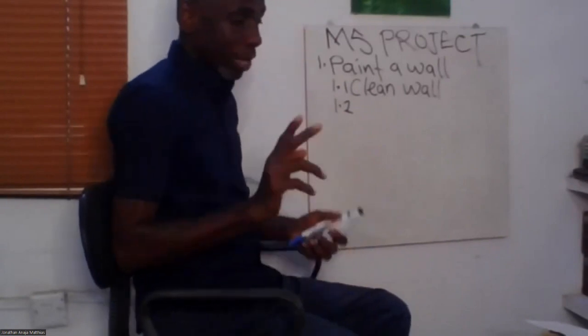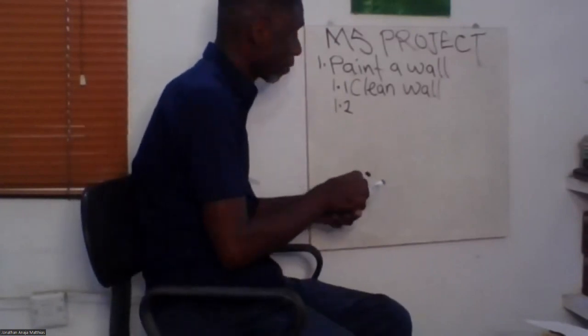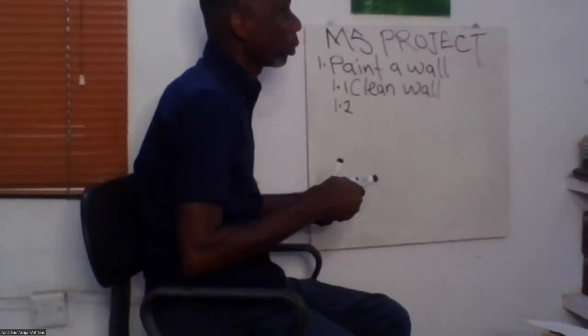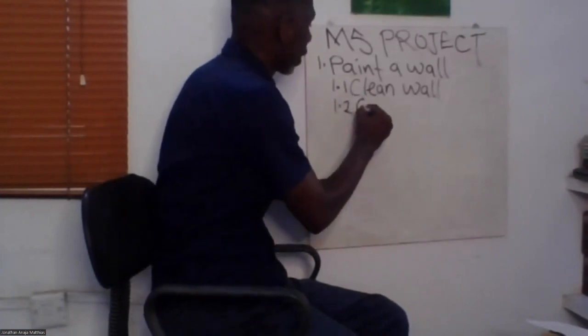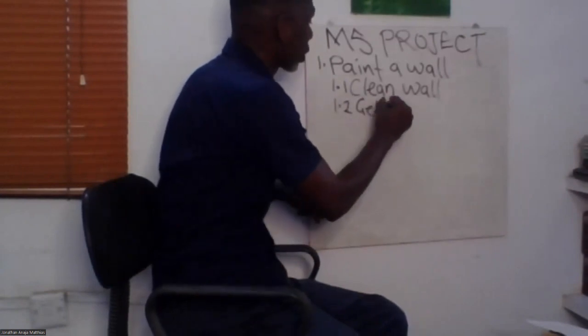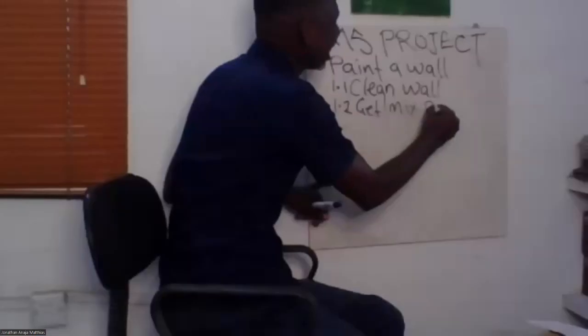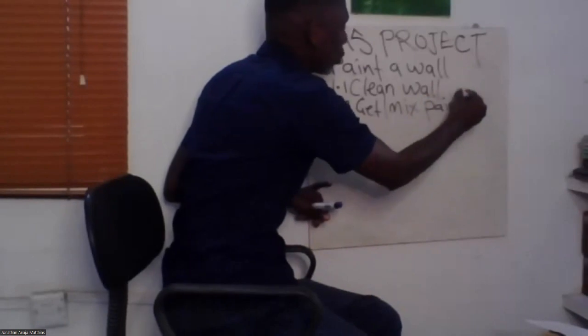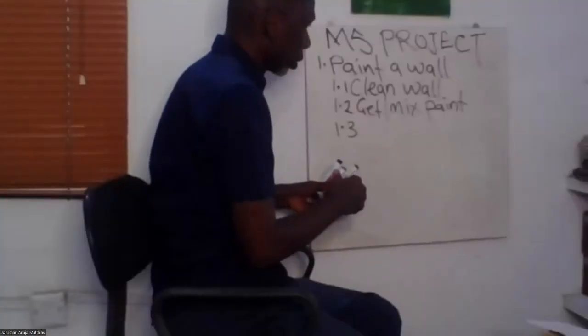I want to use this to explain some terms, so I want us to follow me so that we can grab it. I think after cleaning the wall, you need to get your paint, right? Get and mix paint. Or just think of any activity that you need to do to clean. Then get your scaffold.